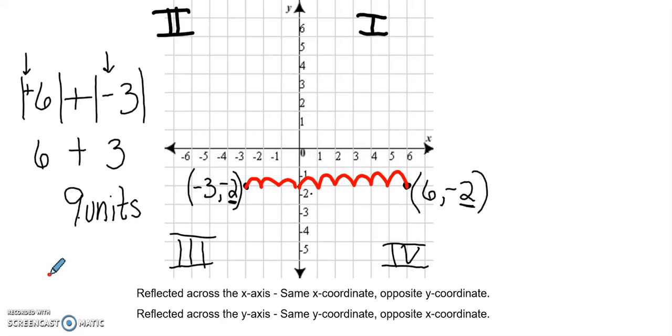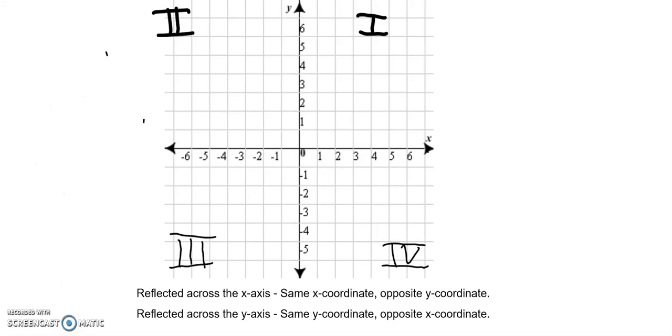If I were to graph 2 points, and one was way up there, one was way down there, and I know that they're going to be exactly in line with each other. If I were to connect the dots, it would be a vertical line. This point is at 3, 4.